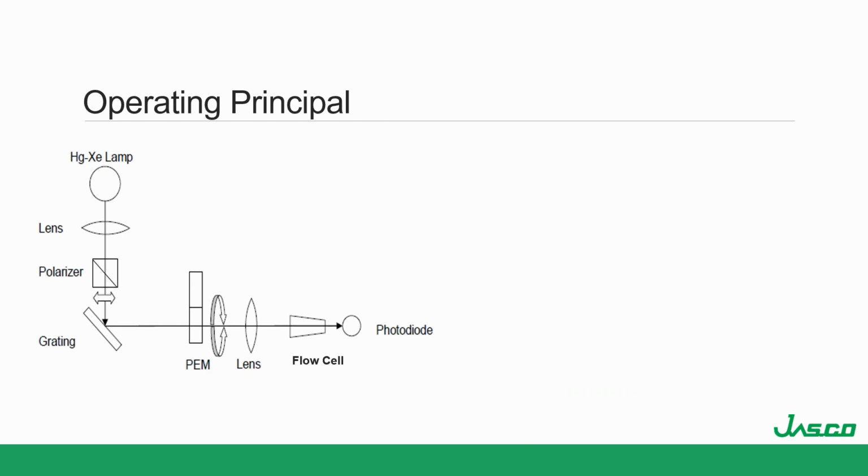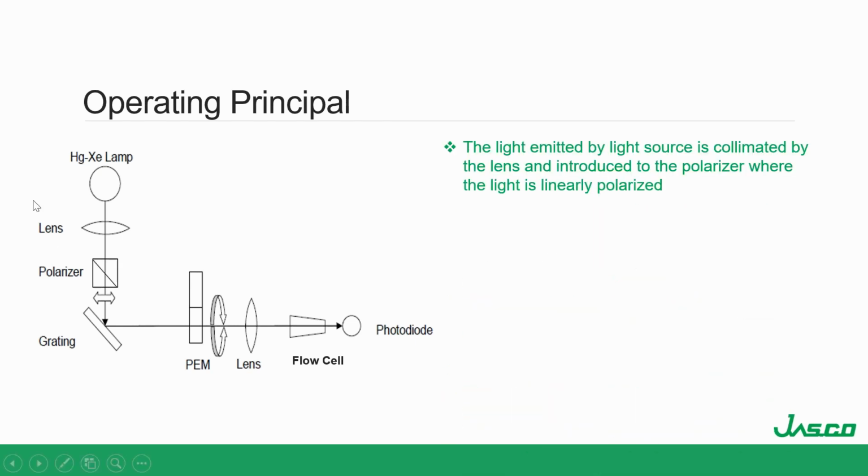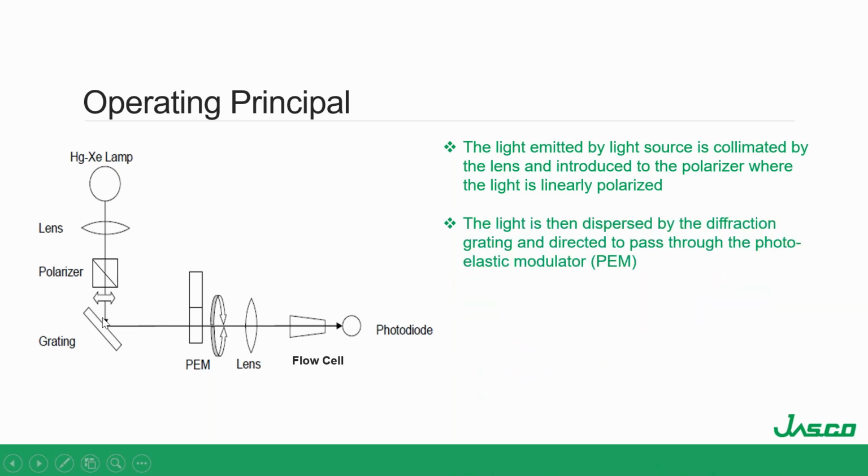So, the operating principle: you start off with a mercury xenon lamp. The light is emitted by a light source, collimated by the lens, and introduced to the polarizer where the light is linearly polarized. The light is then dispersed off the diffraction grating and directed to pass through the photoelastic modulator, or the PEM, which is really the heart and soul of this detector.